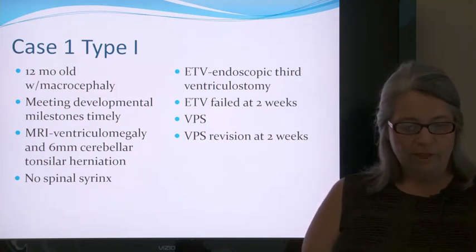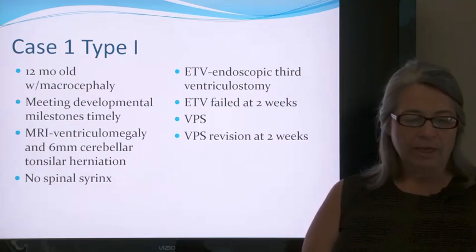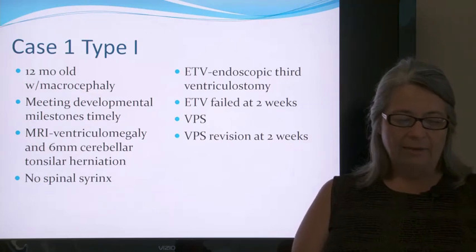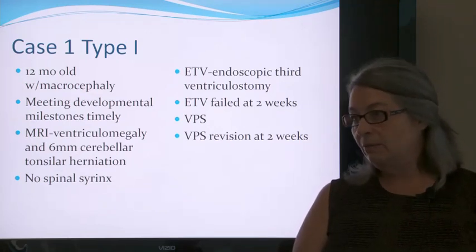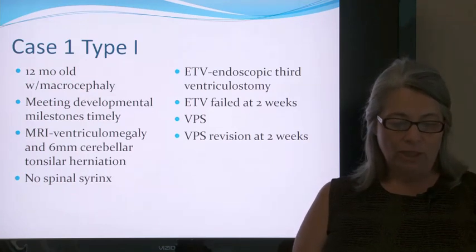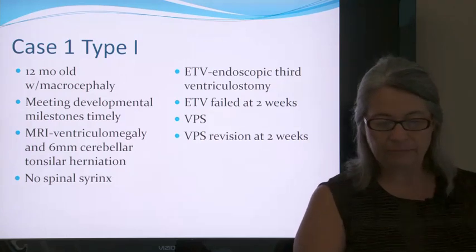So we have a 12-month-old who was meeting all of his developmental milestones timely, but because of his macrocephaly, an MRI was done, and he was found to have a 6-millimeter herniation of his cerebellar tonsils below the foramen magnum and a spinal syrinx.